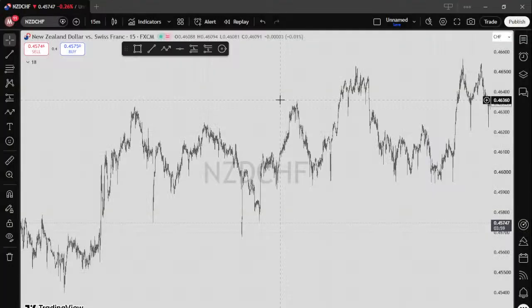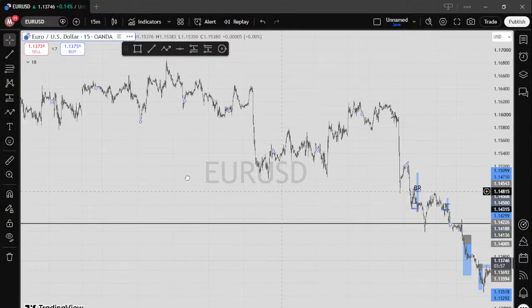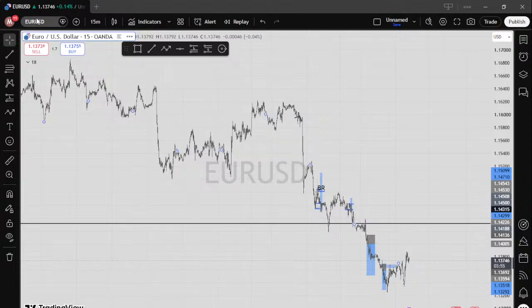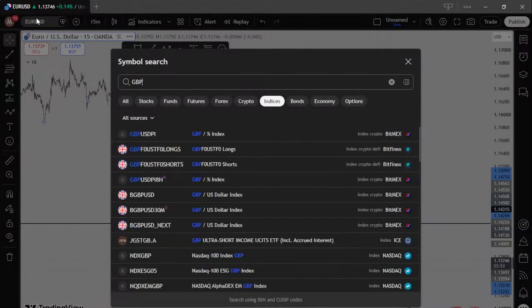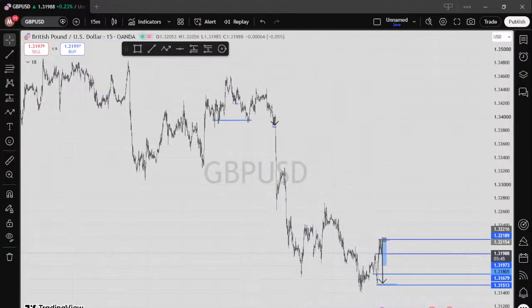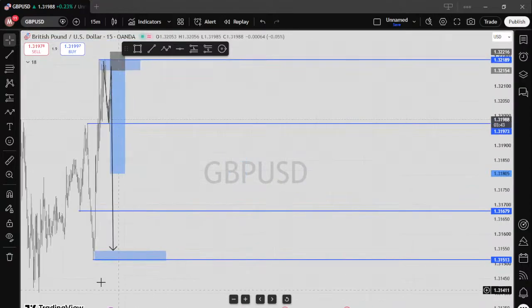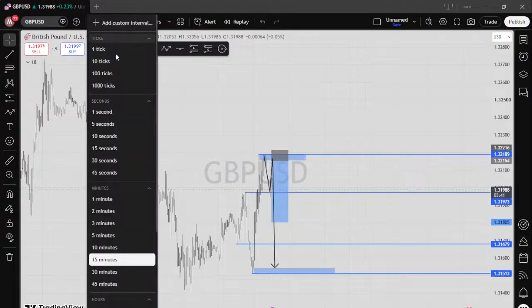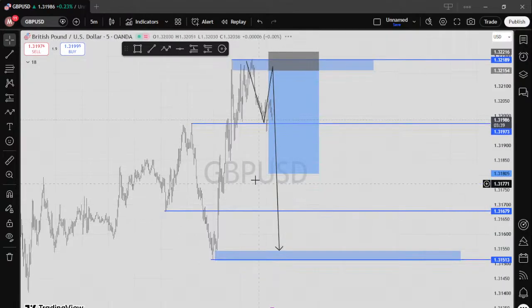I think ERA is also a good trade. Of course, I should have traded such. Okay, GBPUSD. I was expecting a test at this area before I took it down. As you can see, it was very interesting.